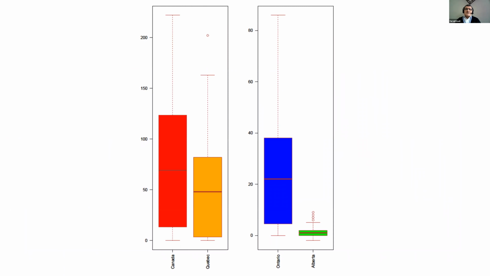And this is the box plot to see if there is any outlier. For Canada, the red one, there is no outlier. For Quebec, we have just one outlier. For Ontario, the blue one, there is no outlier. For Alberta, we have maybe 4 outliers.